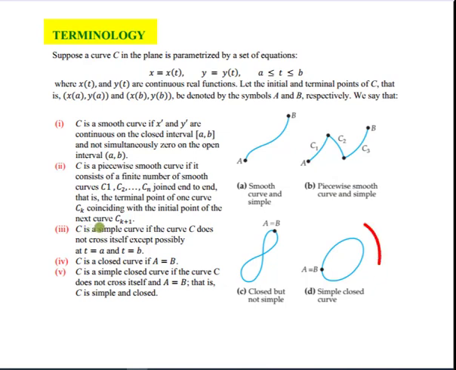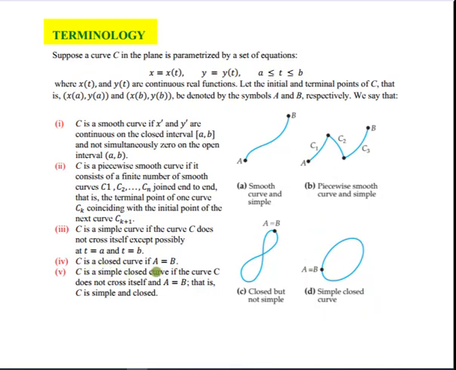3. C is a simple curve if the curve C does not cross itself except possibly at t equal to a and t equal to b. Figure 4 shows an example of a simple curve. 4. C is a closed curve if A is equal to B. Figure D is also an example of a closed curve.